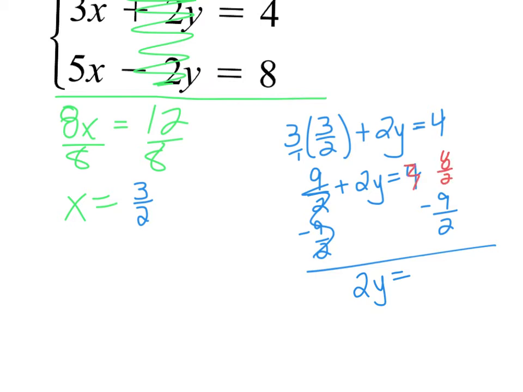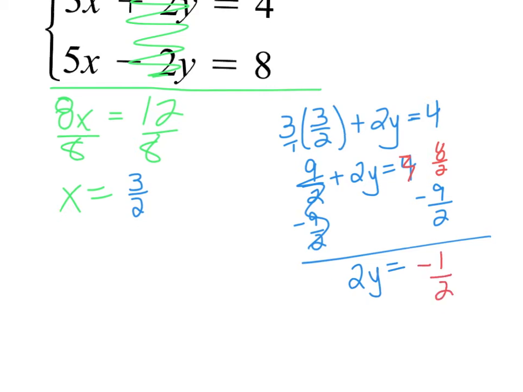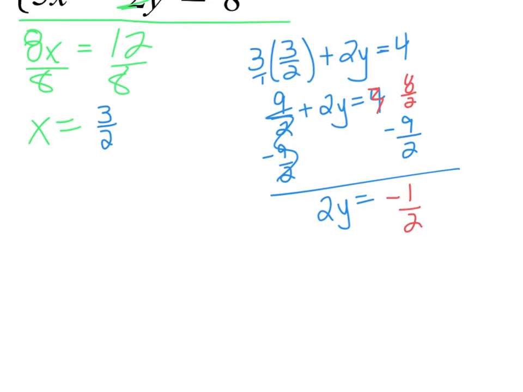You agree with me? So what's 8 over 2 minus 9 over 2? Negative 1 over 2. And then how do I solve for y? Divide both sides by 2. So y equals negative 1/2 divided by 2. What do I do here?